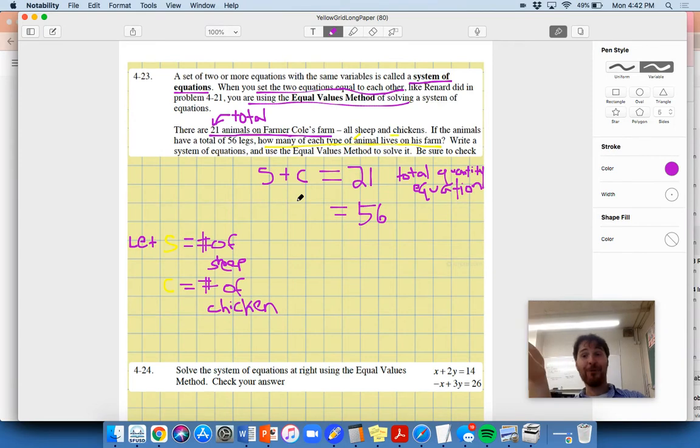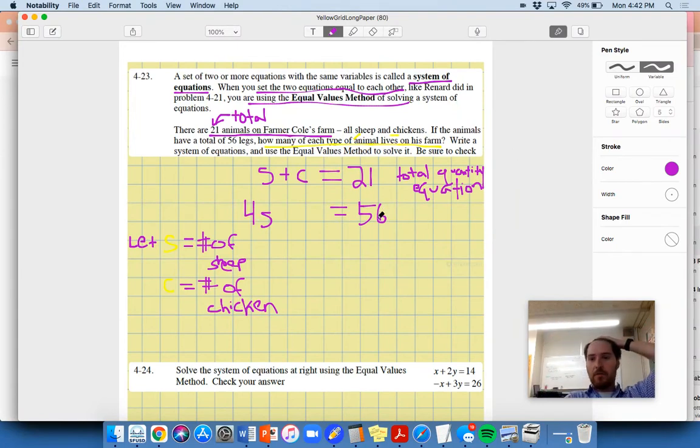A sheep has 4 legs. Hoping you know that, because you kind of have to know that to do a problem like this. So if there are 4 legs per sheep, okay, I'm going to write 4S. I take the amount of sheep that I have, I multiply that by 4, because each sheep has 4 legs. That gives me the total amount of legs that are just sheep legs.